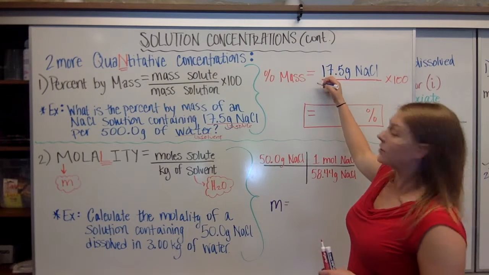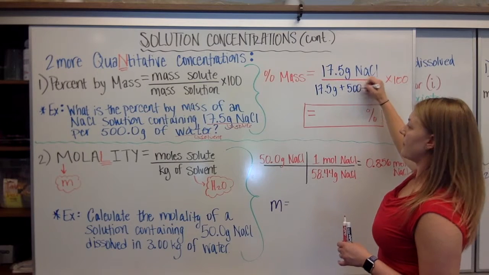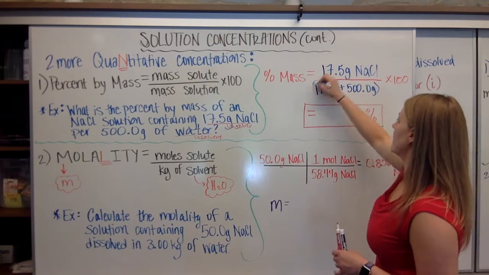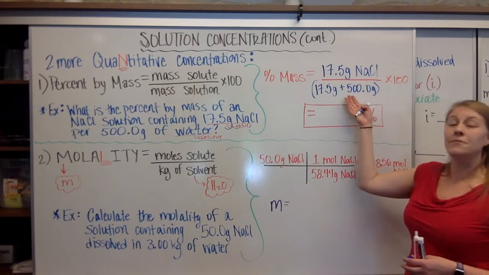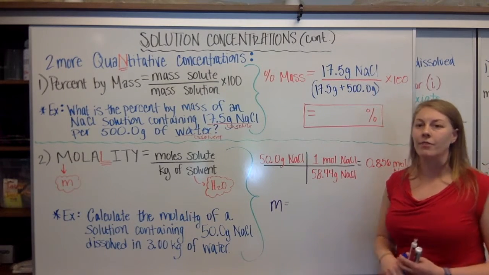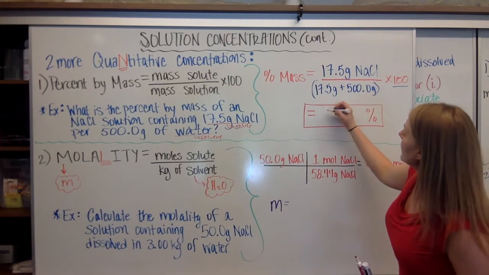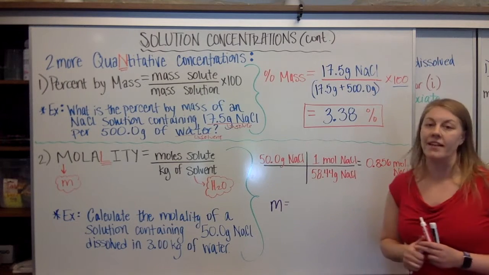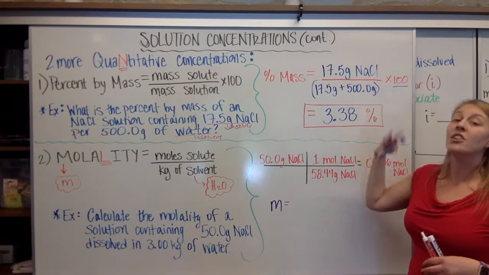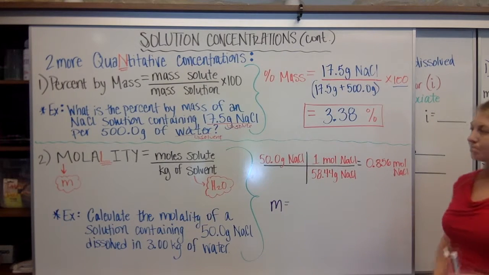So the mass of our solution is actually 17.5 grams plus 500 grams. That's our total solution. So 17.5 grams divided by 517.5 grams times 100 to get it into a percent, you get a percent by mass of 3.38%. Okay, so this is 3.38% NaCl solution.